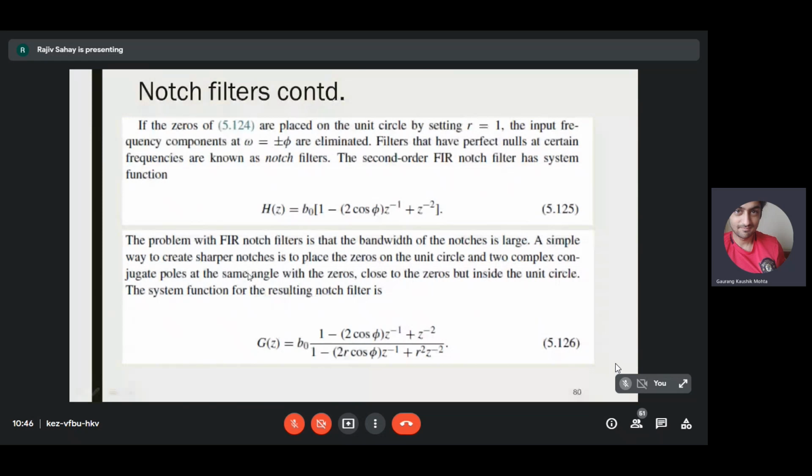So you do something like this, which has both the numerator and the denominator. This filter will have a much sharper notch as compared to an FIR having a system function like this.